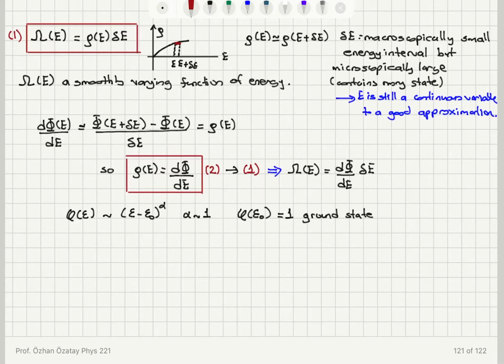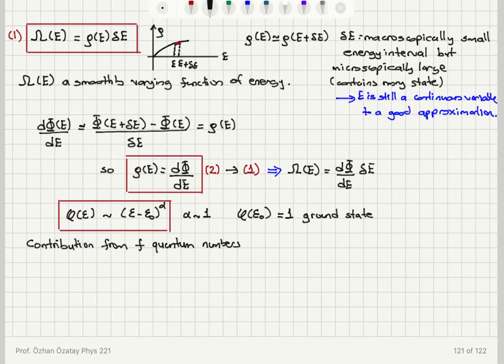So let's keep this in mind, that the total number of values the quantum number can have scales with its contribution to the energy of the system epsilon, as epsilon minus epsilon 0 to some power of the order of 1. And if I consider the contribution to the total energy from F quantum numbers, first of all, let's call this one equation 3.